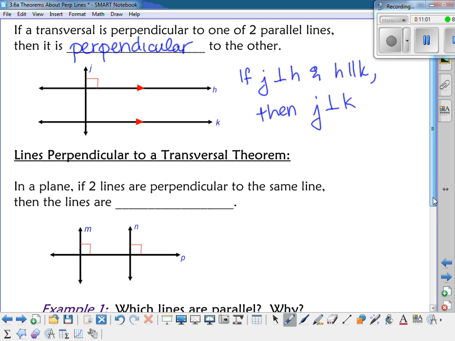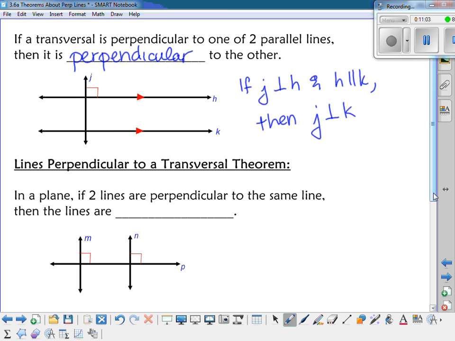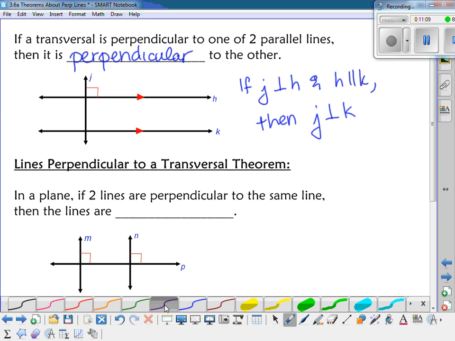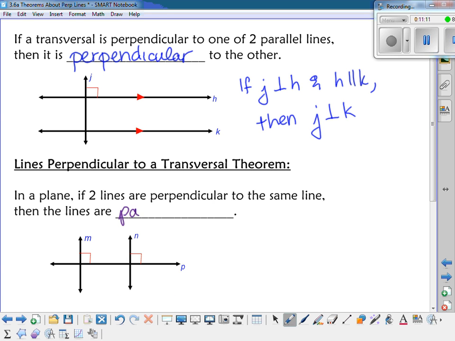Next one is very similar to it. It's lines perpendicular to a transversal. If two lines are perpendicular to the same line, then they are parallel. And really, this is just a corollary to the corresponding angles postulate, because you can see my right angles are corresponding angles.